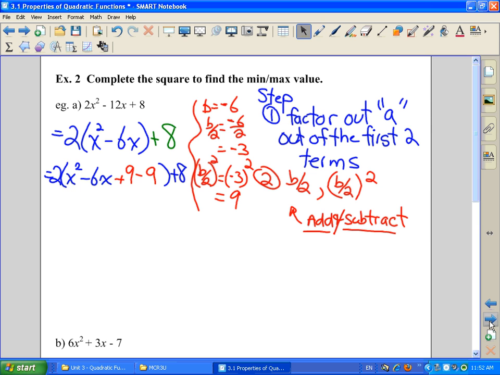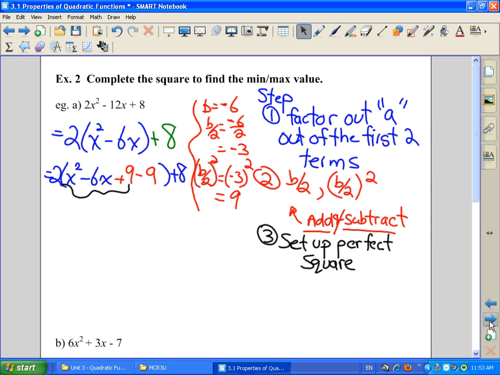Okay, the next thing you want to do is to set up your perfect square. So what I mean by that is I need to get my first three terms, which are these three terms within the brackets, isolated just in the brackets by itself.